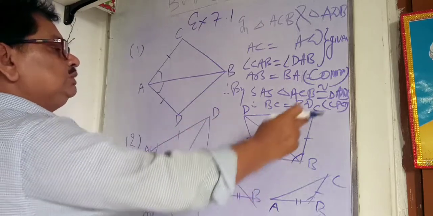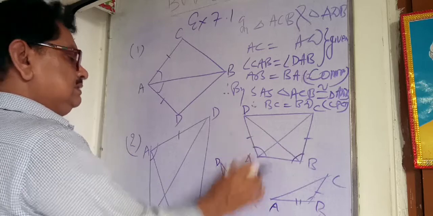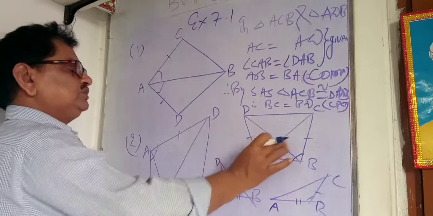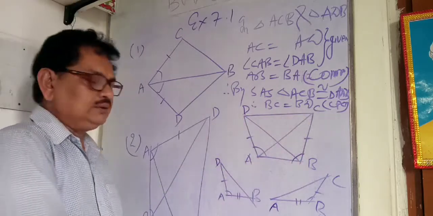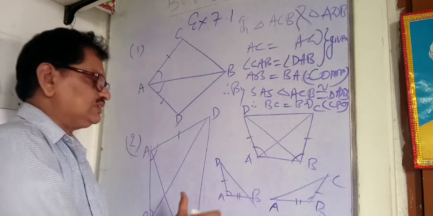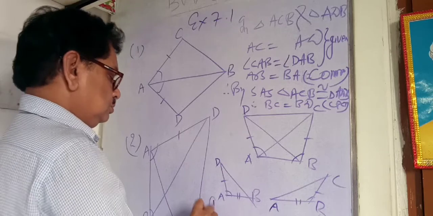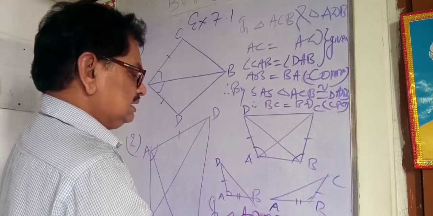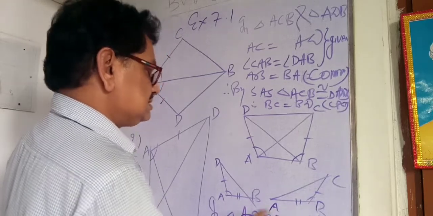AD is equal to BC, angle A is equal to angle B, and in this figure I have cut separate both these triangles ADB and ACB, and now it becomes more convenient to understand the complications. So we will write in triangle ADB and triangle ACB.